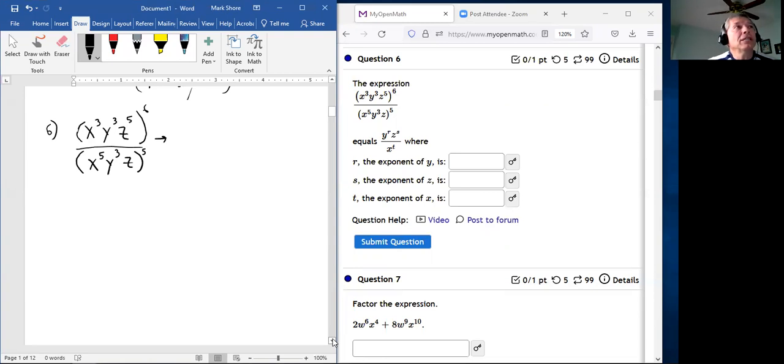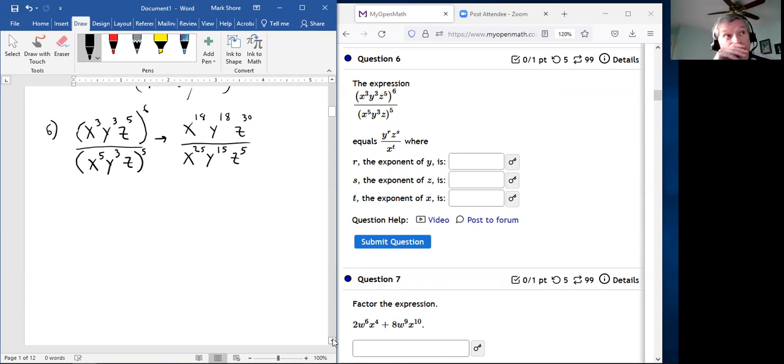So this is one of those things that you would have to review before you take the Praxis test, just to try to remember it. So you multiply these together. So it's going to be x to the 18th, y to the 18th, z to the 30th. And then in the denominator, same thing, multiply. So it'll be x to the 25th, y to the 15th, z to the 5th.